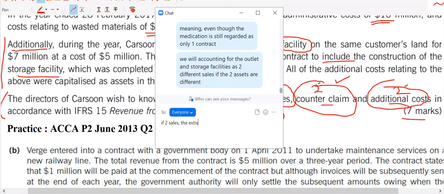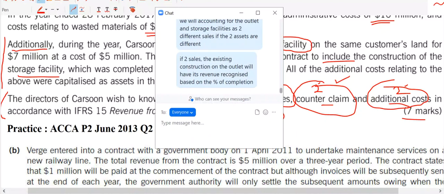So if two sales, the existing construction on the outlet will have its revenue recognized based on the percentage of completion. Now read my messages in the chat box.